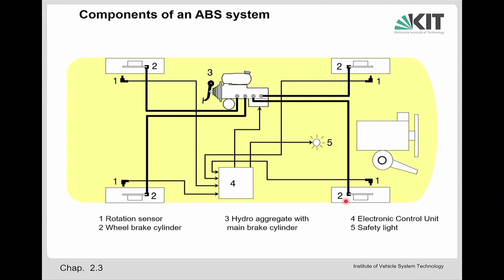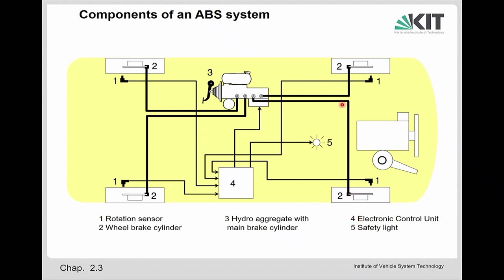Through that channel, the brake pressure is transmitted from the main brake cylinder to the wheel brake cylinder, and the wheel brake cylinder operates the brake pads. It presses the brake pads on the brake disc, creates a vertical force on the brake disc, and this creates a sliding friction, so a brake force or brake torque is created, and in the tire this is transferred into a brake force which acts on the road.